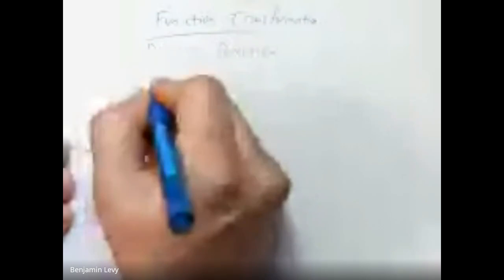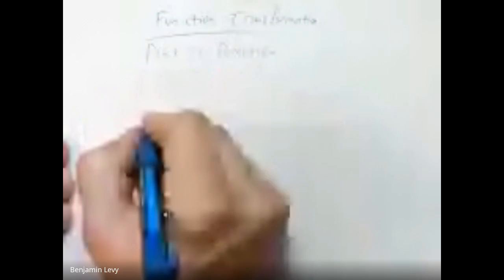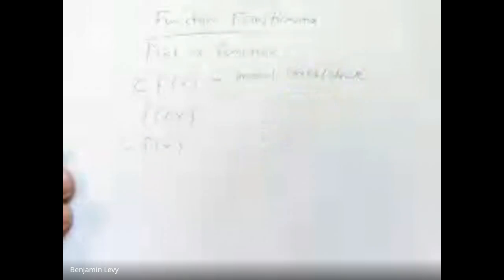So vertical transformations would be multiplying on the outside of the function, multiplying by a constant on the inside of the function, or multiplying by -1 on the outside, right? These are all the vertical things. So that would be a vertical stretch or shrink, depending on whether or not c is bigger than or less than 1.